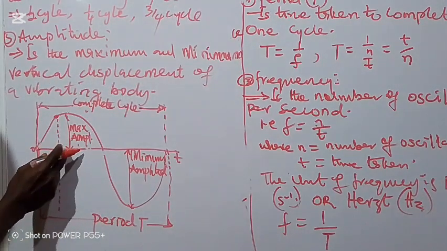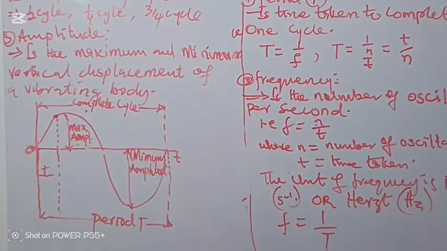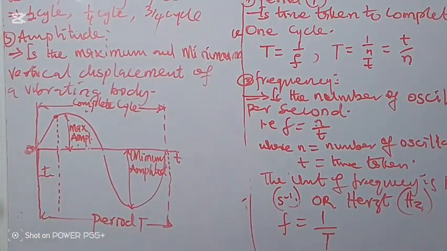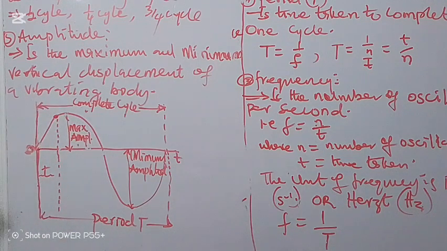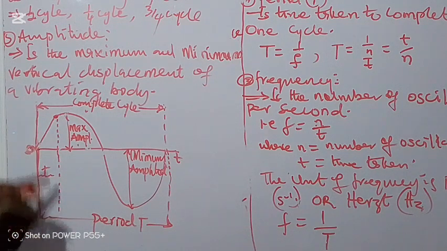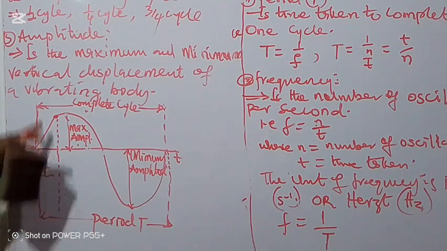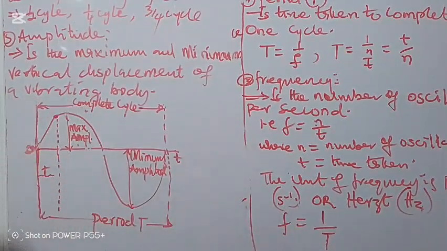This is the maximum vertical displacement, and this is the minimum because this is the equilibrium position, the point of center zero. That is the point where the object will start oscillating. This is for a complete cycle, and the time taken to cover from here to here is the period. If you take any section or part, it will be time taken. So that is the major terms used under simple harmonic motion.